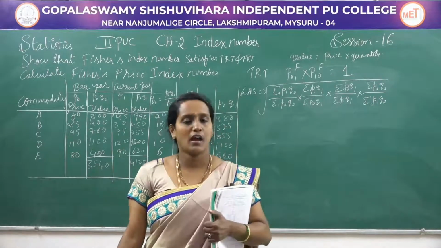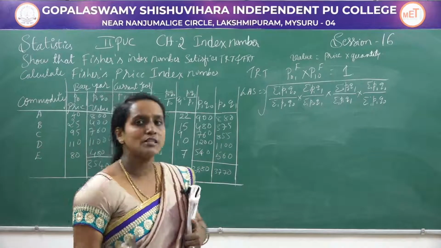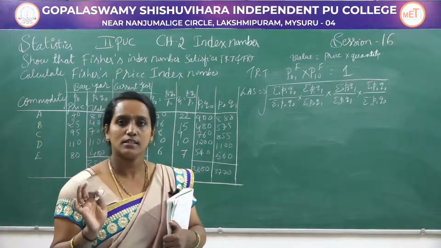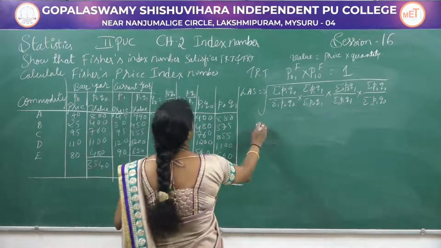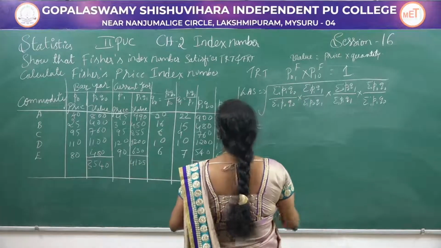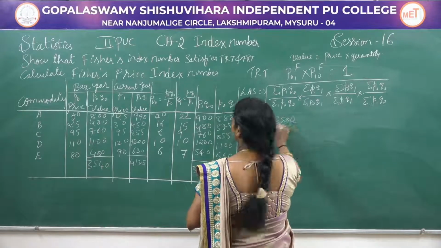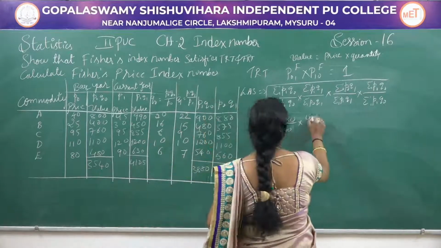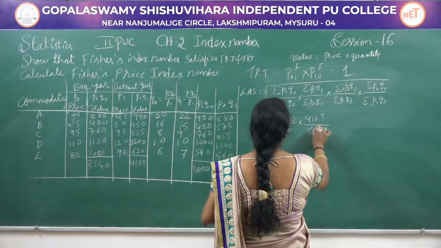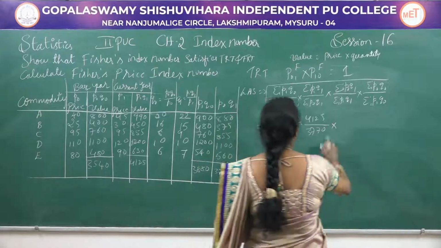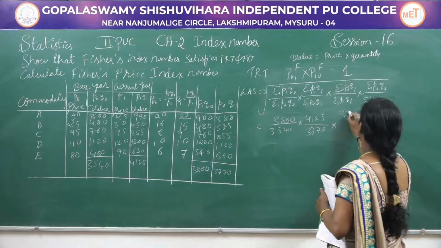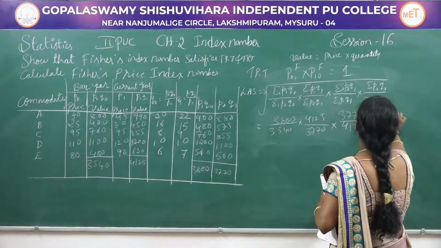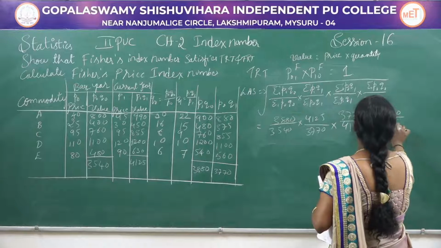Next we have to substitute the values. Without substitution, if you just cancel the terms, it doesn't carry marks. So we have to substitute the values. It is P1 Q0 3880 by 3540 into P1 Q1, it is 4125 by 3770, into P0 Q1 3770 divided by 4125 into 3540 by 3880.